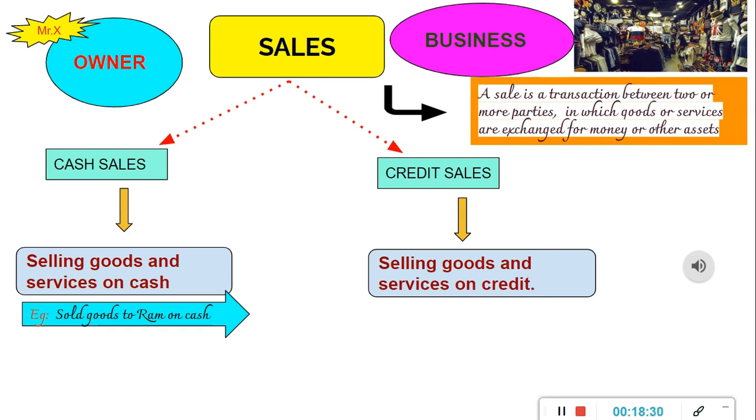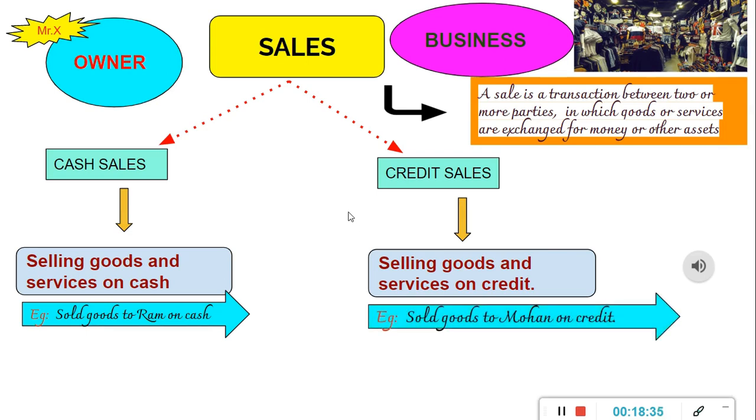And in another case, Mr. X has sold some material to Mohan, but he has not paid the money on time. At the time of selling, Mohan told Mr. X that I will pay later. Now here Mohan is the debtor of the business. Mohan is the debtor of Mr. X.